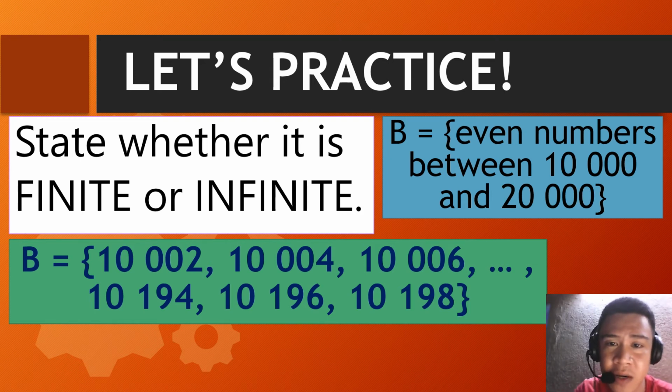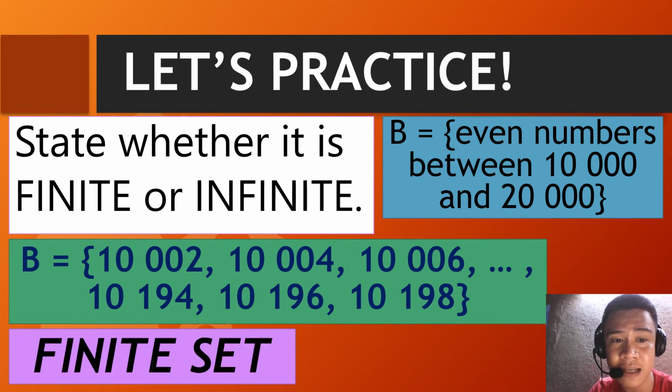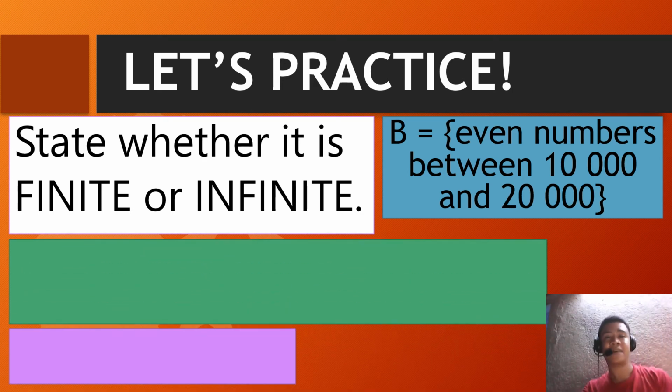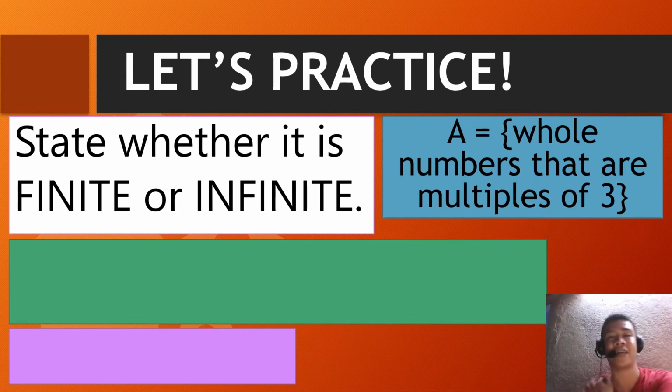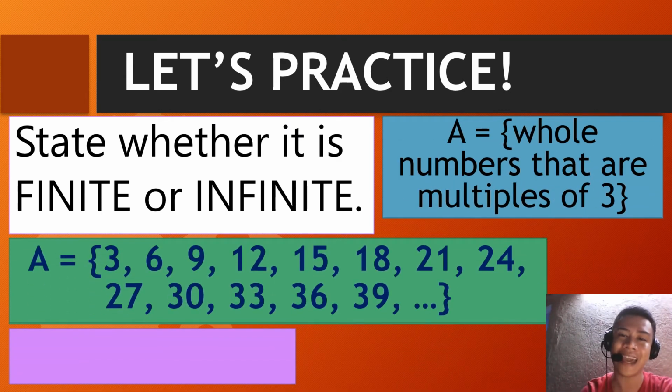So, meron tayong specific starting point, which is 10,002, and the ending point, which is 10,198. And therefore, the set B is finite set. Okay. Next, set A. Whole numbers that are multiples of 3. Go.